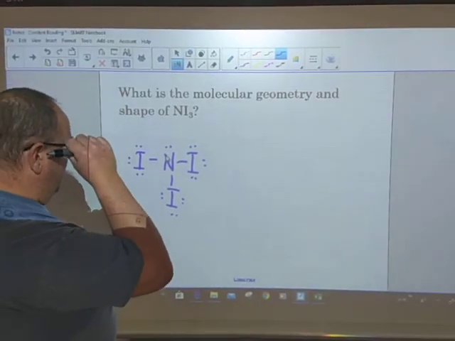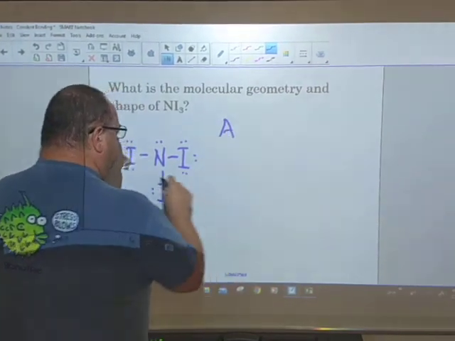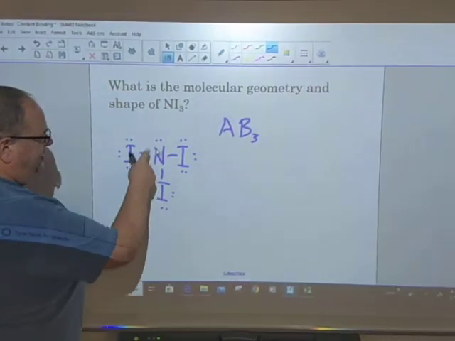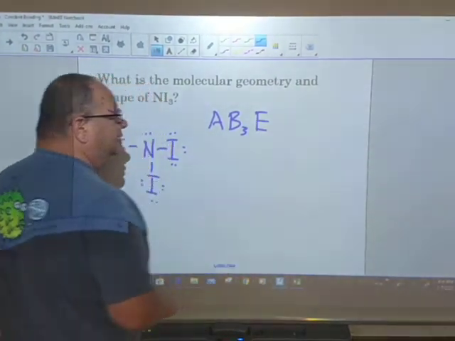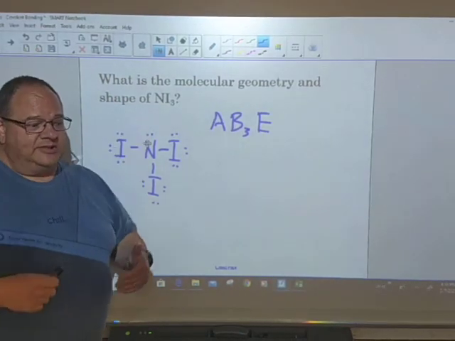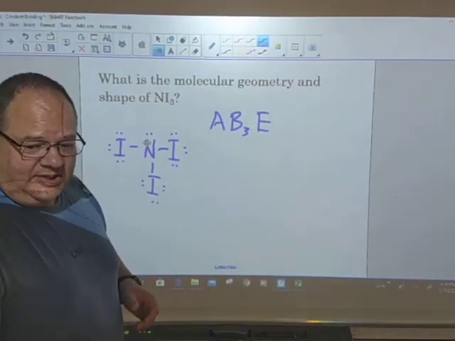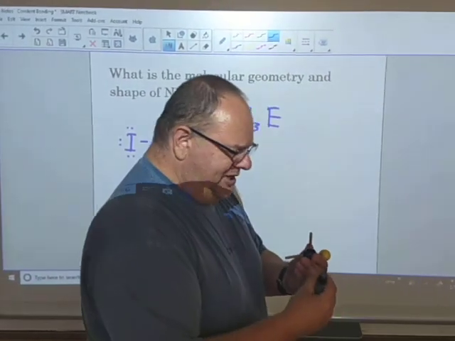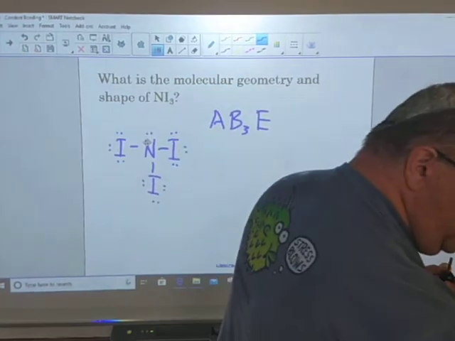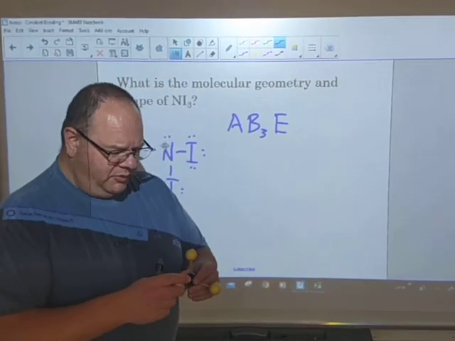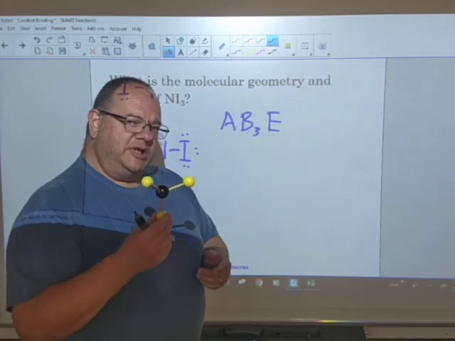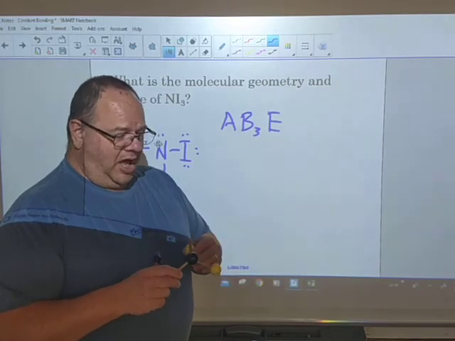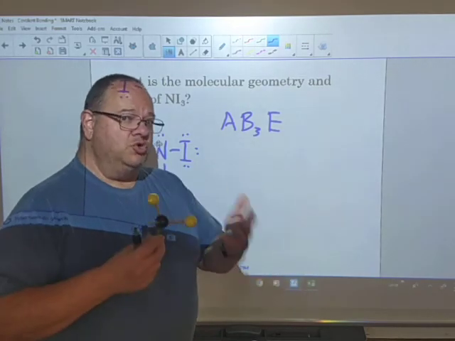All right, that's not what we're after. We're after the molecular geometry. My central atom is the nitrogen, and I see 3 atoms bonded to it, and I see 1 unshared pair. Now you could memorize that little table, but I tend to just look at or think about models. Now, this is going to be a little bit of a problem, and I would love suggestions from you as to how we can address this, because normally when we get to the end of this unit, this chapter, and for testing, I would have model kits set out that you can work with.